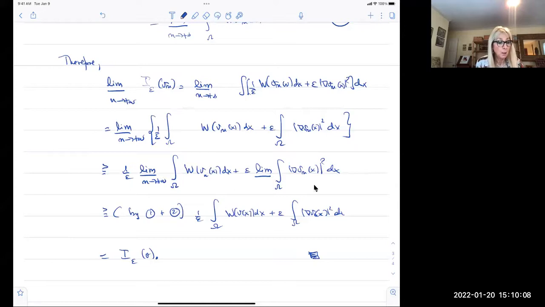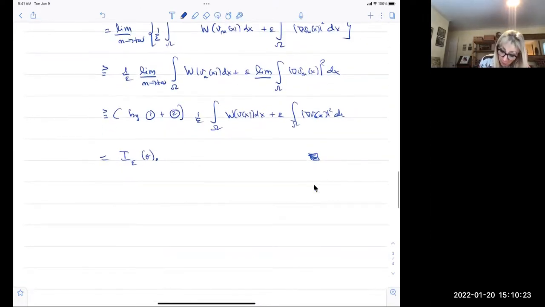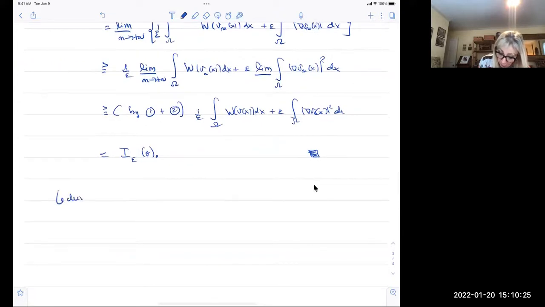Okay, very good. So we know that for each epsilon, we have a minimizer u_epsilon. Now, if you go back to lecture 2, if I'm not wrong, we had the roadmap there.